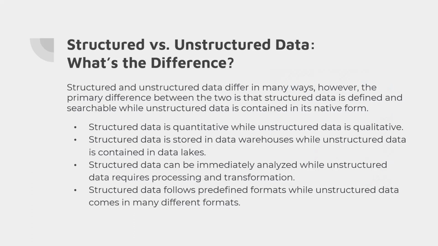The primary difference between the two is that structured data is defined and searchable, while unstructured data is contained in its native form. Now, the bullet points will explain it better.